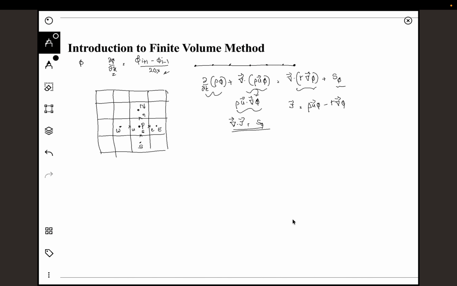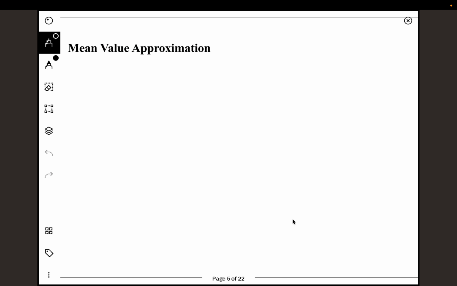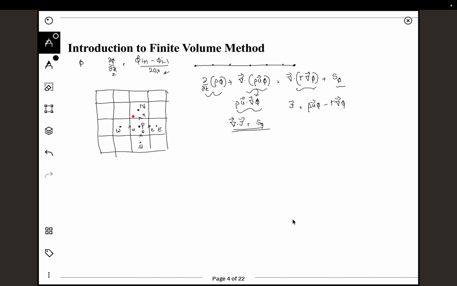If I have an equation like this, then if you take a control volume around this particular cell, and if I integrate across that small volume, now we can use the Gauss divergence theorem and convert this into an integral over the surface.